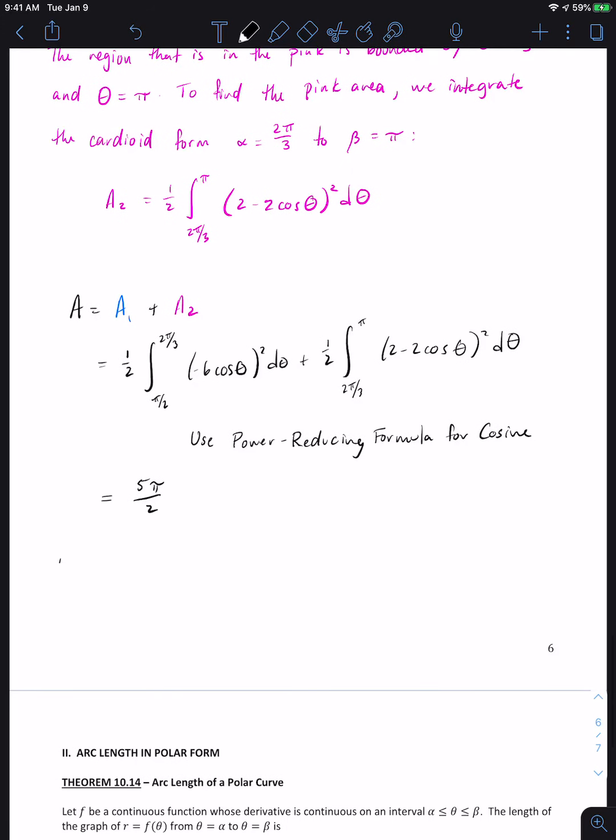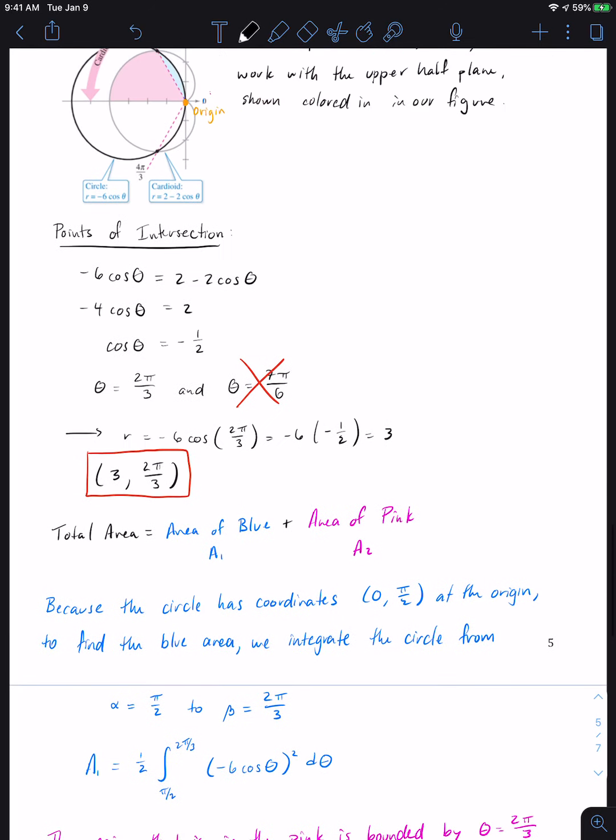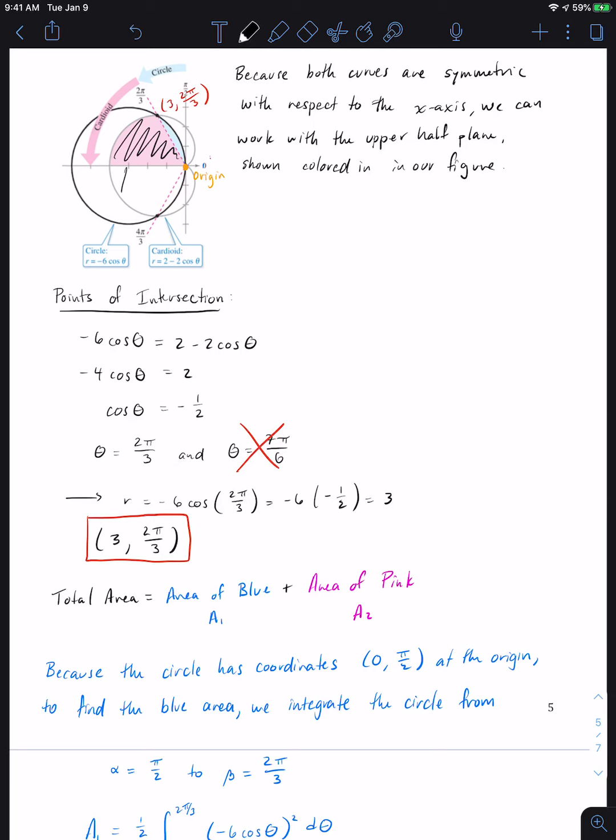The total enclosed area is the area we found multiplied by 2. So 2 times 5 pi over 2 gives me 5 pi. So 5 pi is the total area, because we found this area, but we wanted all of this, so we just multiply it by 2.